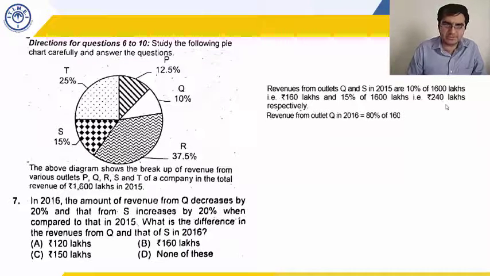Now Q decreases by 20%. So you have to find 80% of 160. Now I'll tell you how to reduce it easily. What is 10% of 160? 16. 20% of 160? 32. So 160 minus 32. That's 128 lakhs.